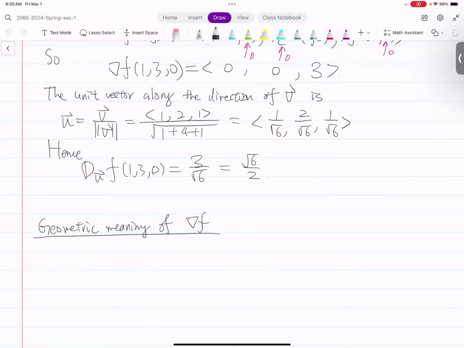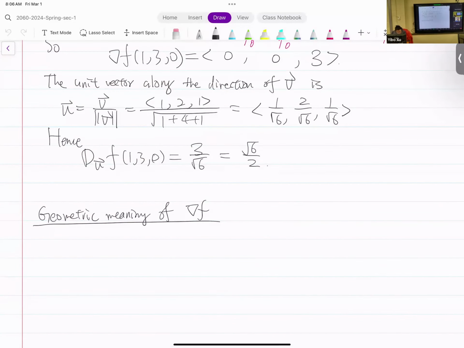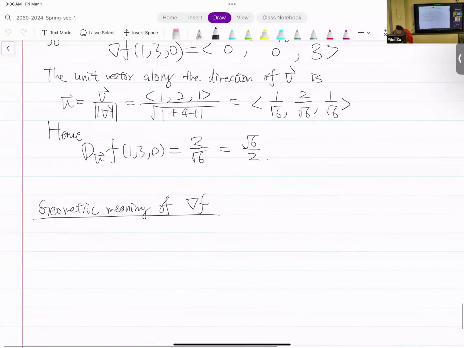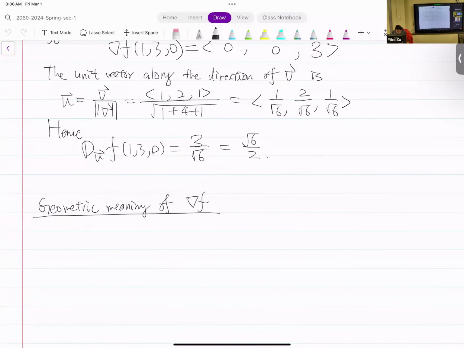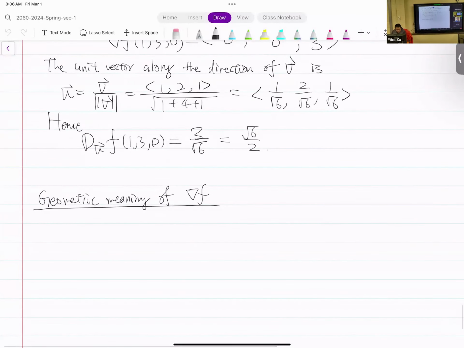Now let's see. We are talking about now the geometric meaning of the gradient. So here, we do have a figure about the directional derivative, which is the instantaneous rate of change of the function along a direction, right? But here, we also have a figure, so let me put that down.